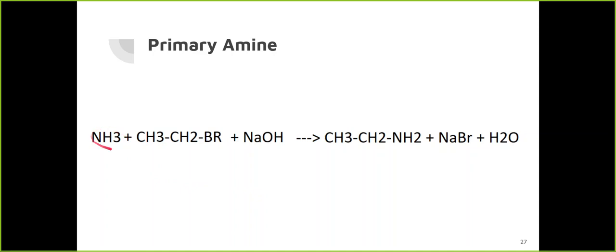So here's ammonia with an ethyl bromide in the presence of sodium hydroxide. And you're going to get this ethyl amine, ethanamine, with sodium bromide as a product and water as a product.